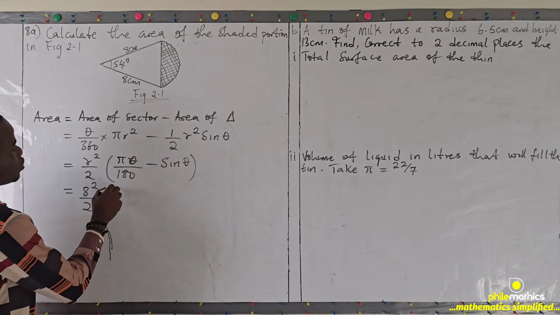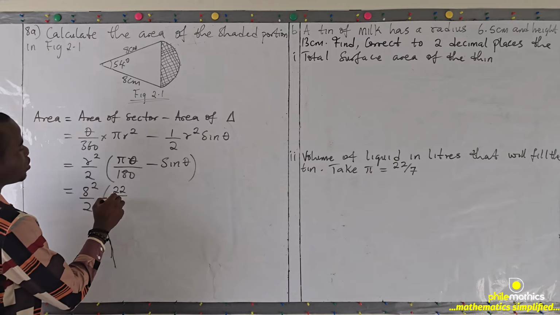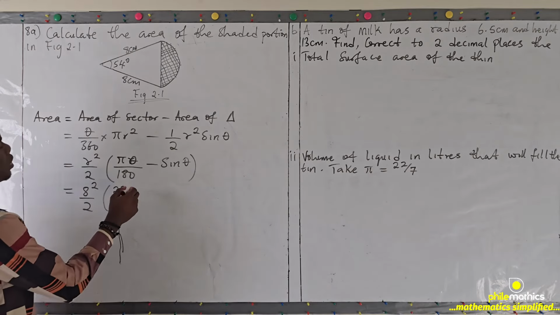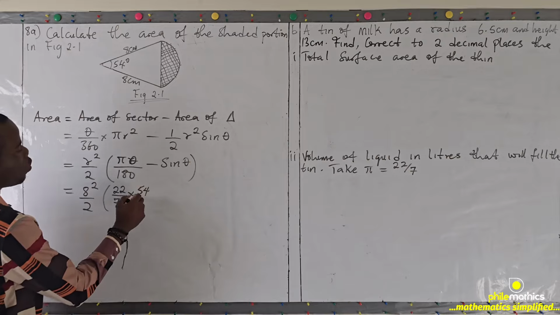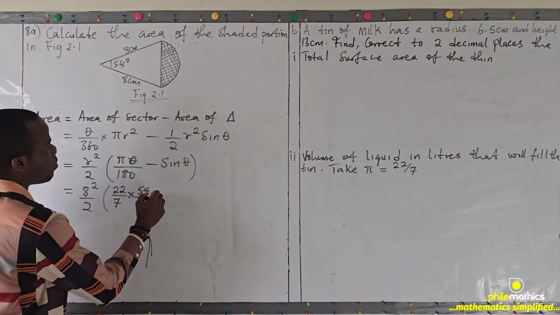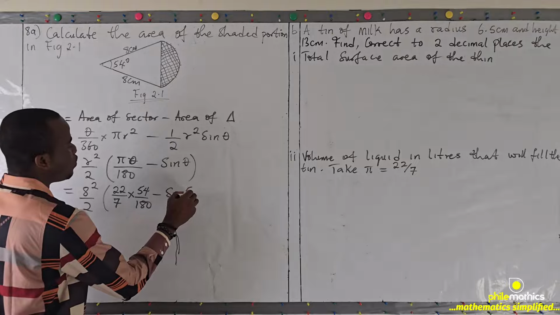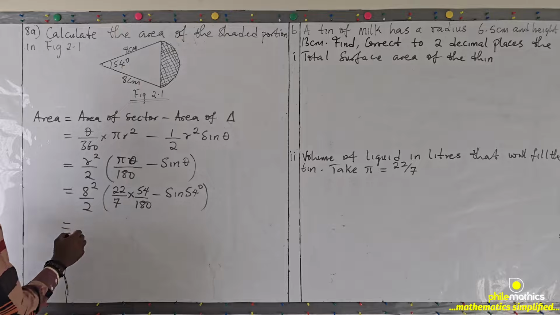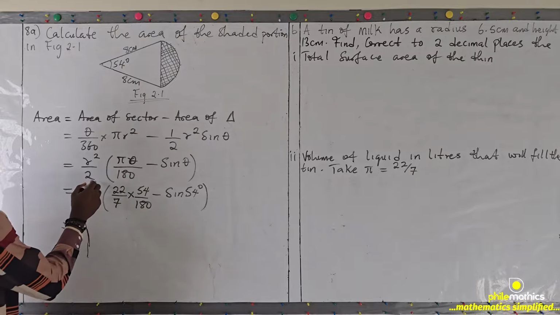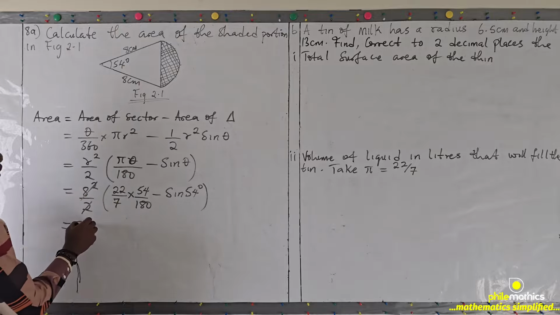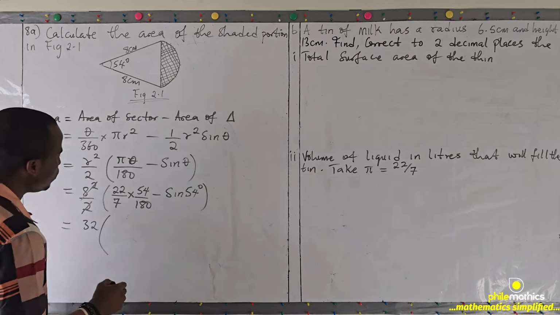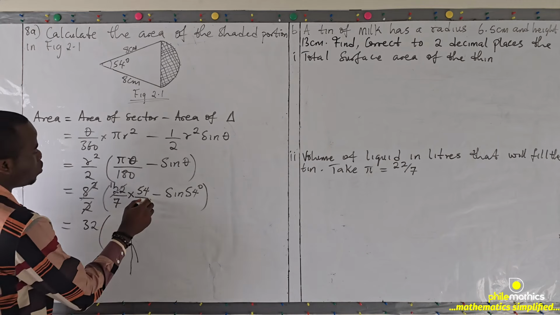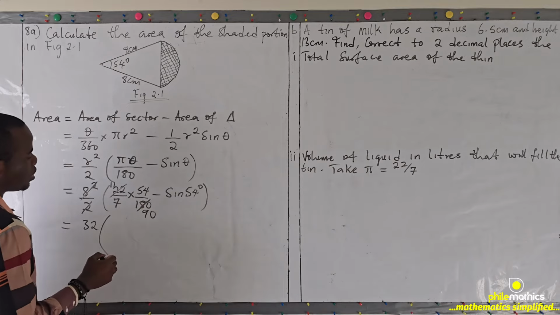So this will be 22 over 7 times our theta, which is 54, over 180, minus sine 54 degrees. 8 square is 64, and 2 goes into 64 as 32. I mean, 2 here is 11, 2 here is 90.